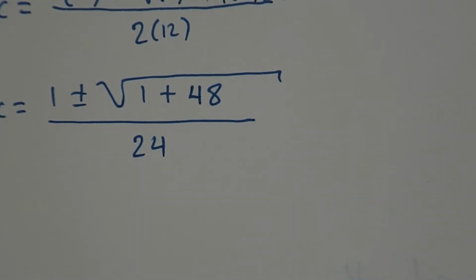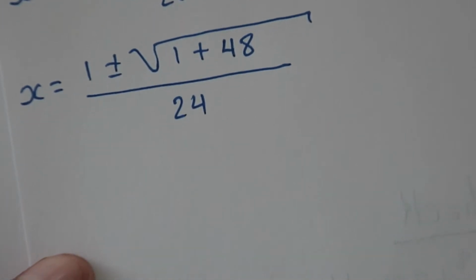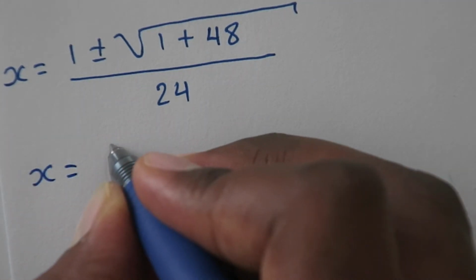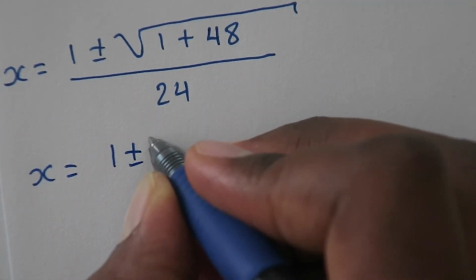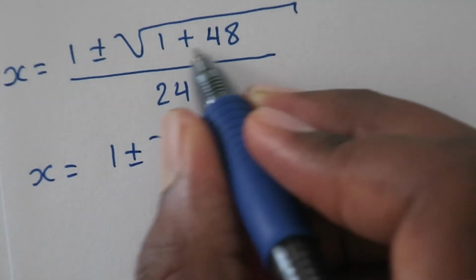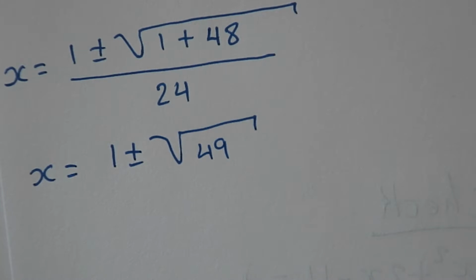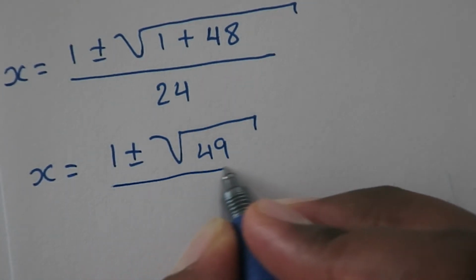Now let's go to the next step. Let's see if we can simplify this. 1 plus or minus the square root of, inside the radical, if I combine those two, I get 49, divided by 24.